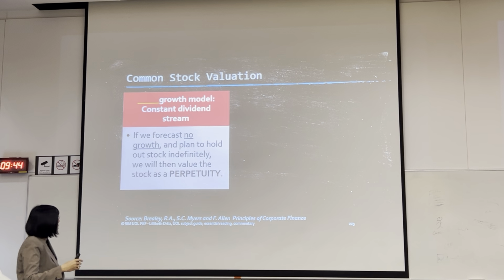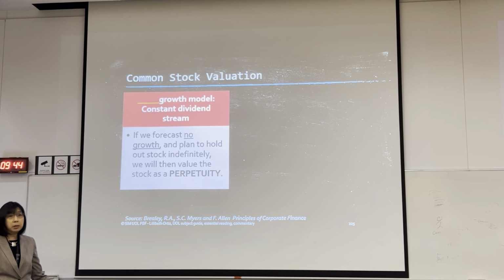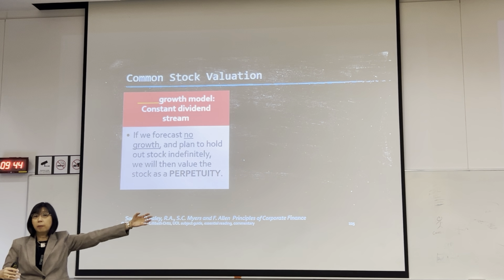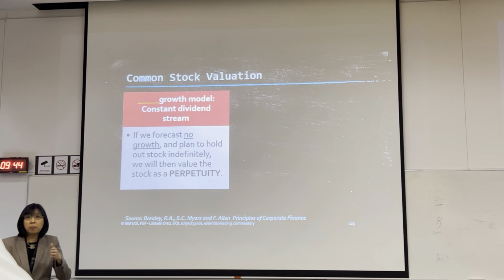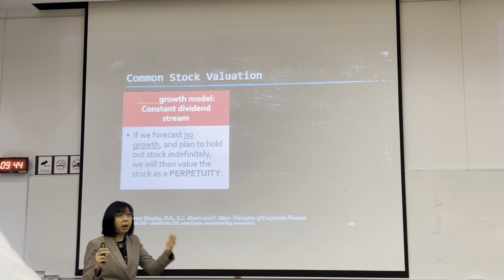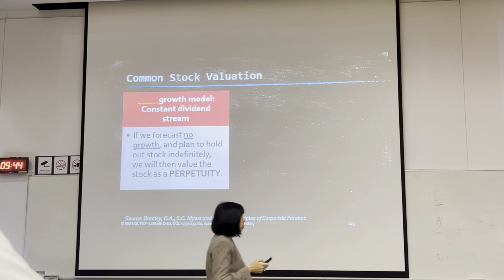One assumption is no growth. Let's say it'll pay 60 forever, the same amount, right? And so therefore that is called a perpetuity. Something that pays you the same amount forever, it's called a perpetuity.